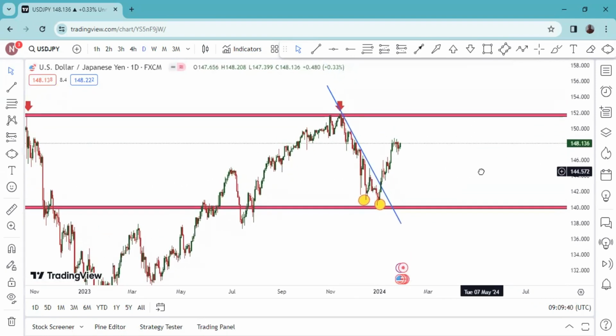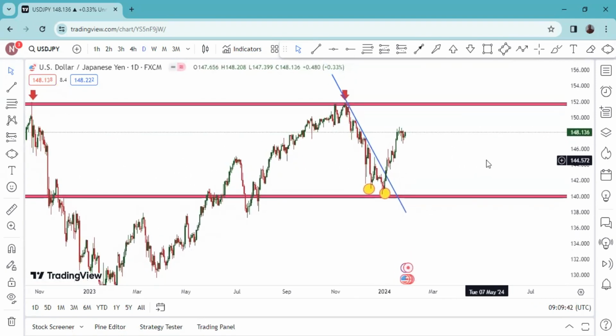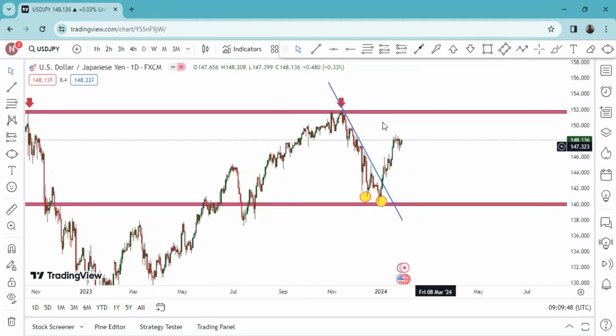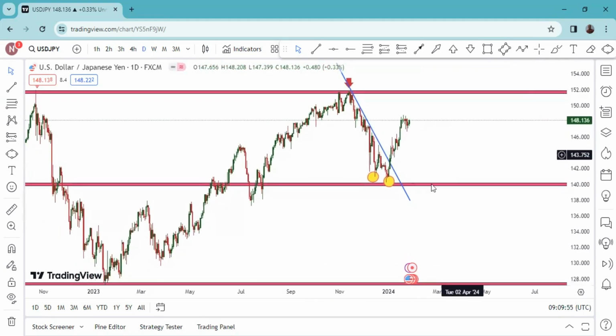Now, one of my confluences for me to take a trade: first of all, I look for the market reaching the zones. Like you can see here, we also have a double top, the first top, the second top, and the neckline. This is my zone.